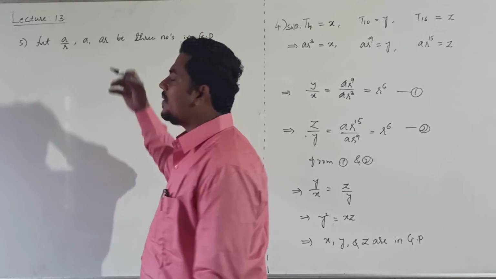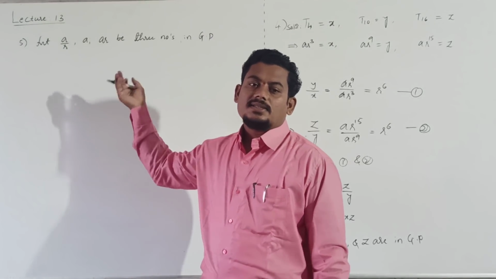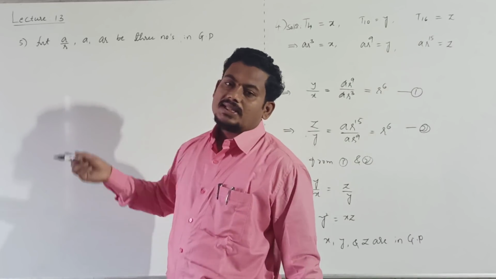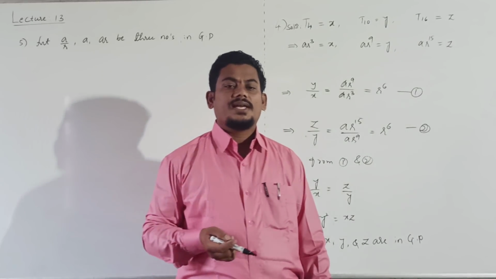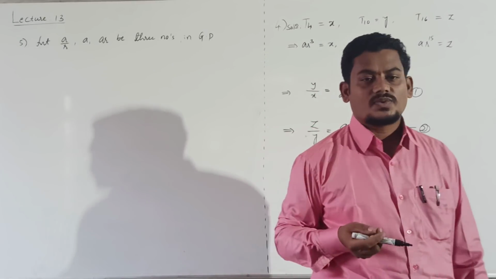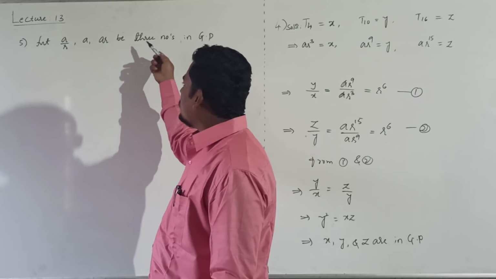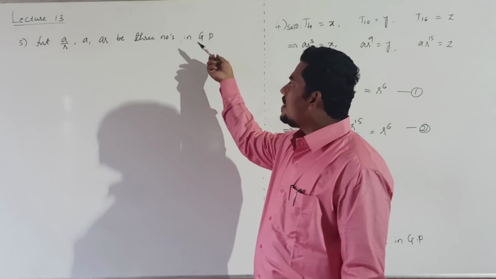For easier simplification, select three numbers in GP as A by R, A, AR. Instead of taking A, AR and AR square, just take A by R, A, AR as the three numbers in GP.